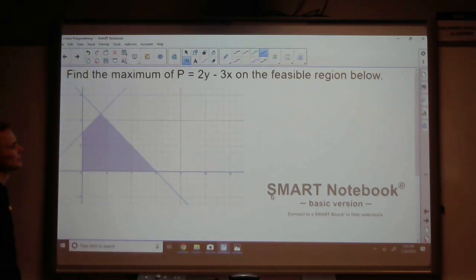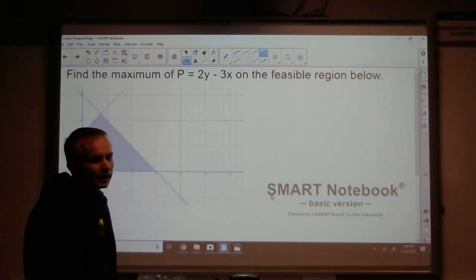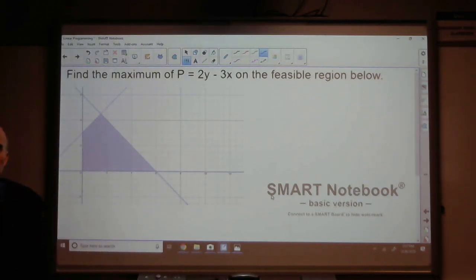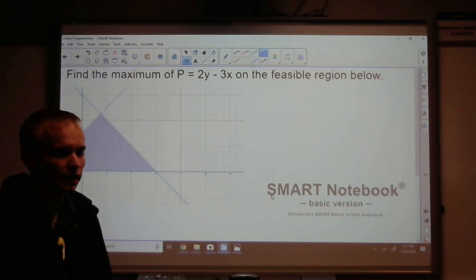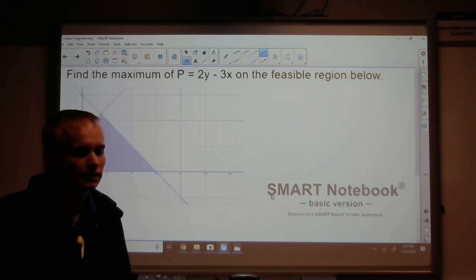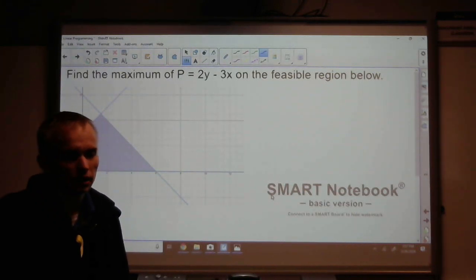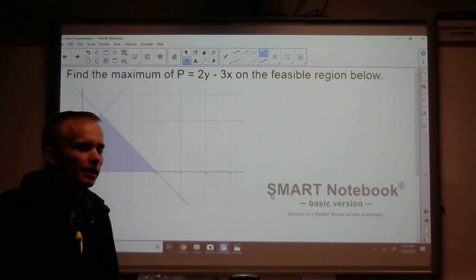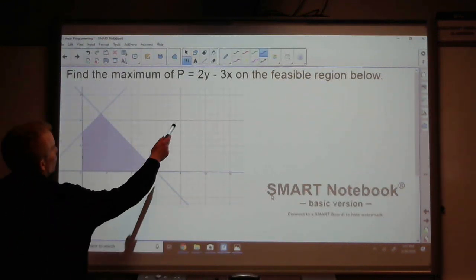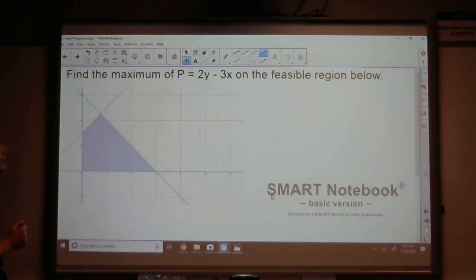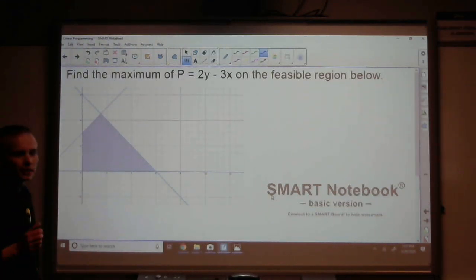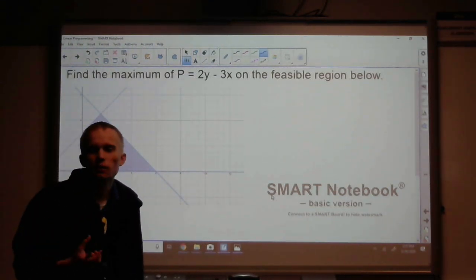For this example, what we're going to be looking at is a little bit more complicated feasible region, and how we would find the maximum of this function that I have, 2y minus 3x. That could be thought of as profit or some other thing.